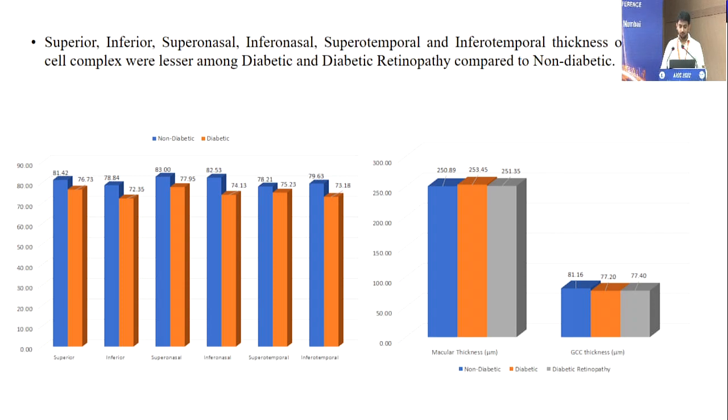Thinness is seen in the patients with diabetes as compared to diabetic retinopathy and non-diabetic patients. In the first picture of the chart, we can see the non-diabetics in blue and the diabetic patients in orange. So in this, we can see there was thinning in all the diabetic patients compared to non-diabetic or normal individuals.